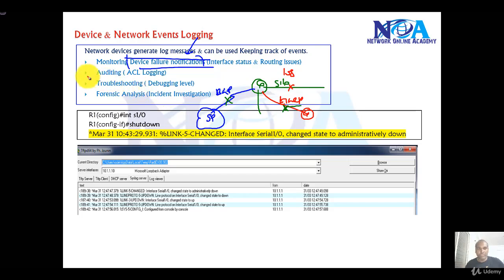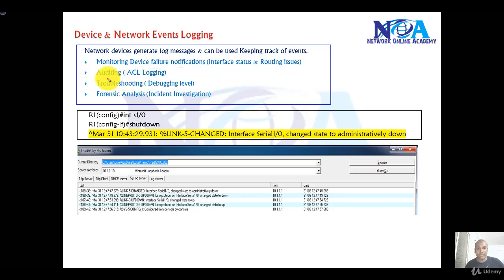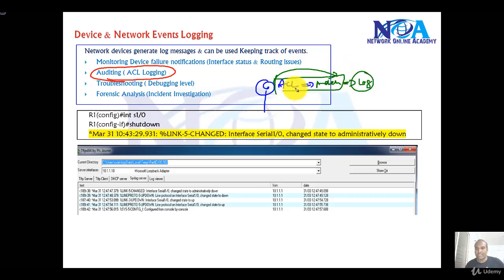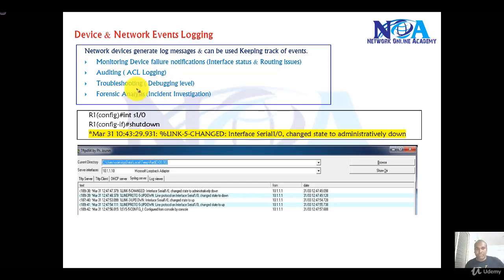Or you can also use specific log messages, like doing some kind of auditing, where I can go to the router and configure an ACL to match specific traffic, and tell the router to generate log messages if any traffic matches that particular pattern, which can be used for auditing. Or even some kind of troubleshooting is useful.